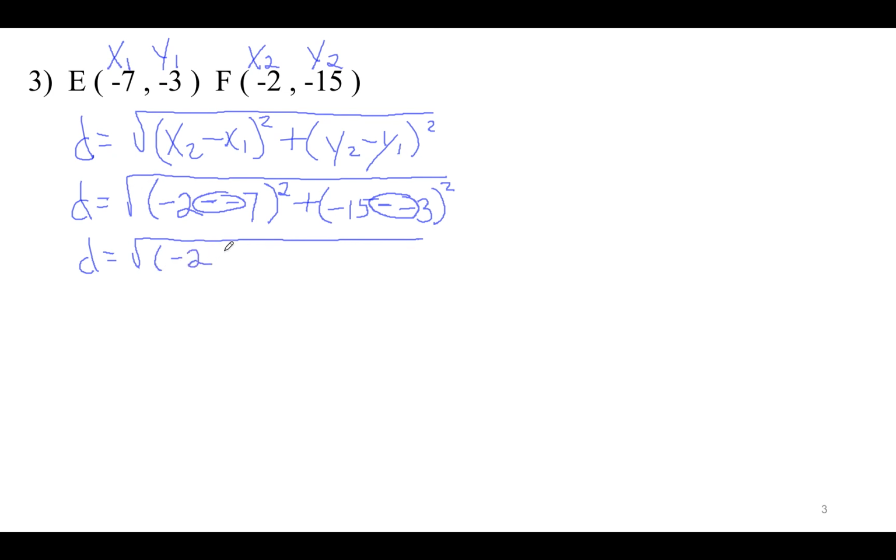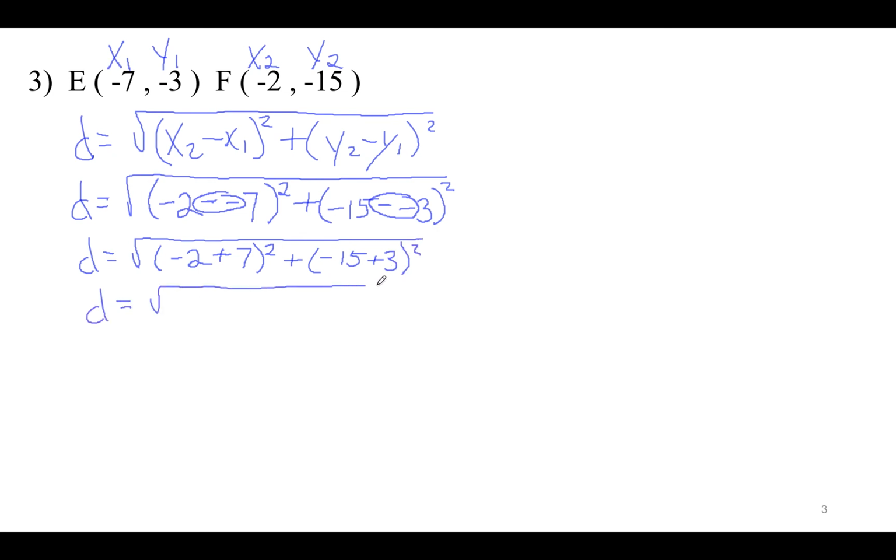So this is -2. 2 negatives make a positive, so that becomes +7 squared, plus -15 minus -3 would be a +3 squared.